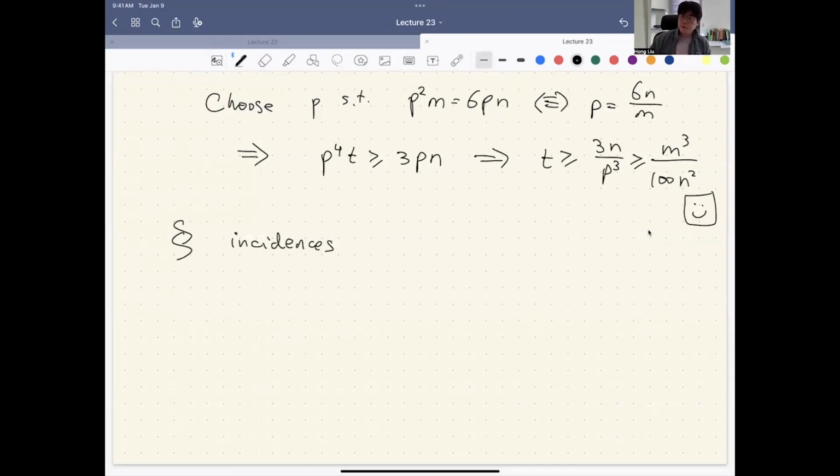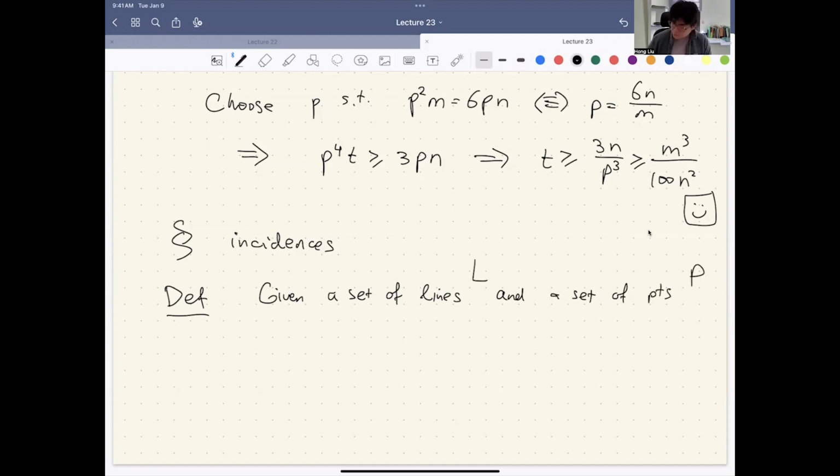Let me first define incidences. Given a set of lines L and a set of points P, okay?